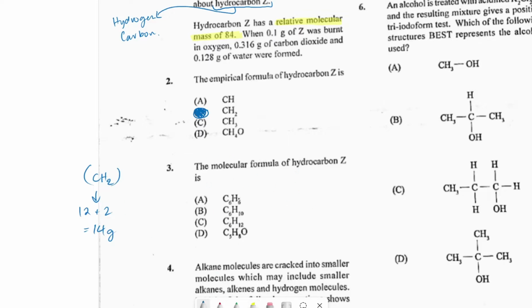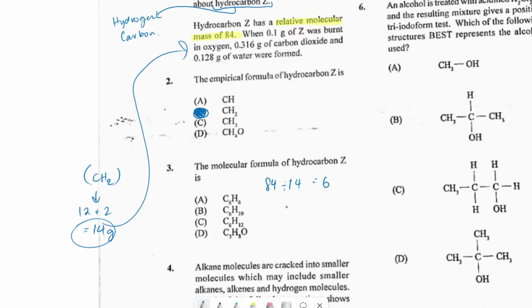So, in order to figure out the molecular formula, you need to figure out how many times you can get the empirical formula mass out of the molecular mass. So you're going to divide 84 by 14. And you should get 6.